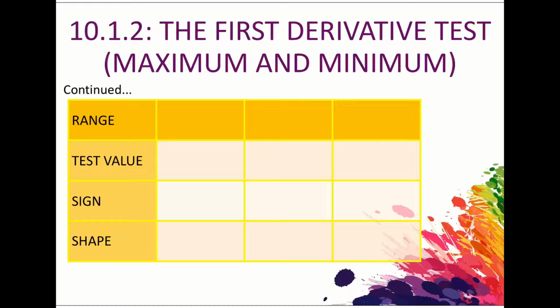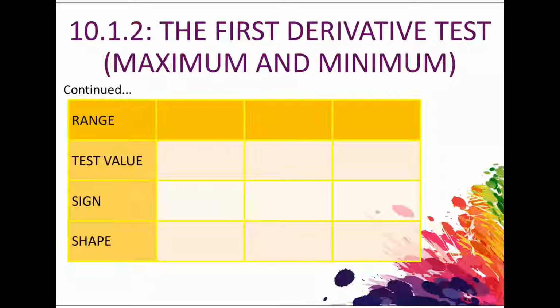And now we're going to use the interval table in order to identify the change of shape or the change of the gradient along the graph from negative infinity up to positive infinity value of x. So first we need to state the interval for x.